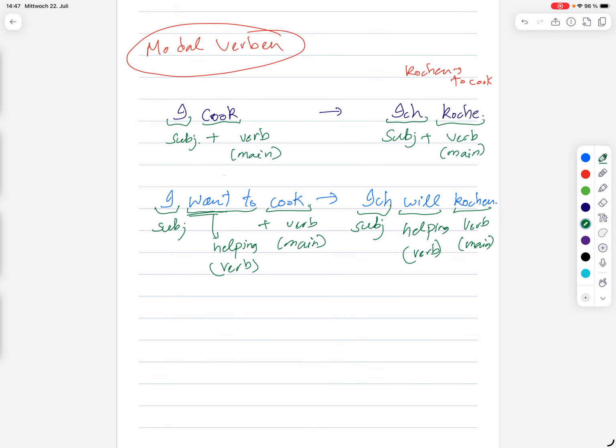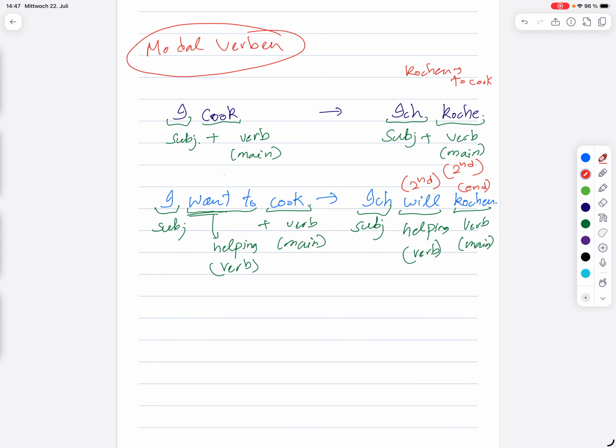The first difference you will see is that we have an additional verb. You already know that in a normal sentence the main verb is always in the second position, and here the main verb has gone to the end, and the modal verb is now in the second position. This we will remember.